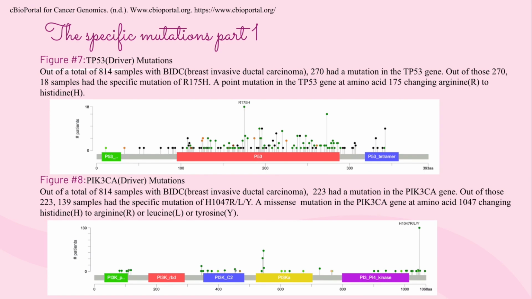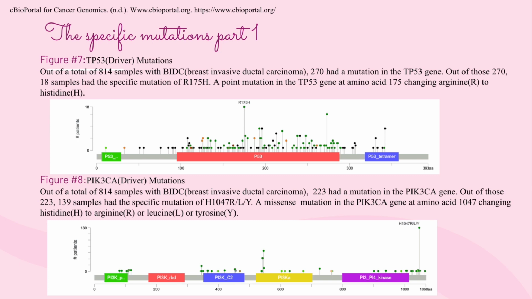The next one is the PIK3CA mutation. Also keep in mind that both of these are driver mutations, as well as the two you're going to see on the next slide. Again, out of these 814 samples, 223 had a mutation in this gene. And out of those 223, 139 samples had the specific mutation called the H1047R/L/Y mutation.